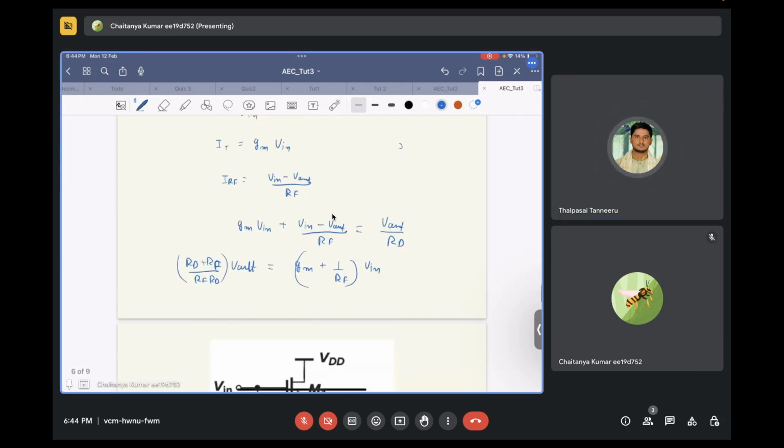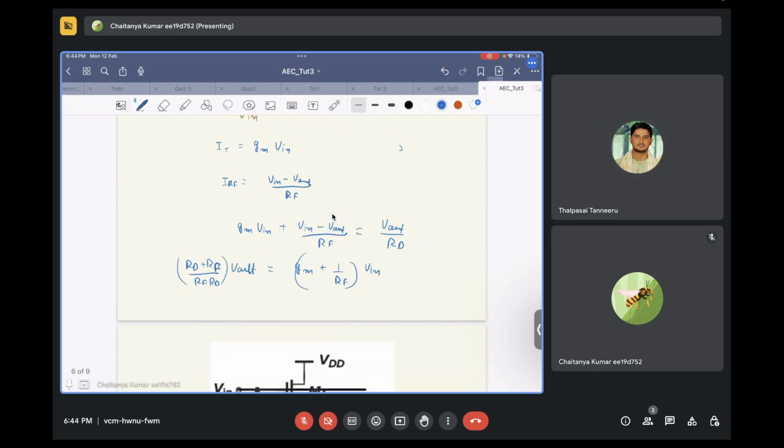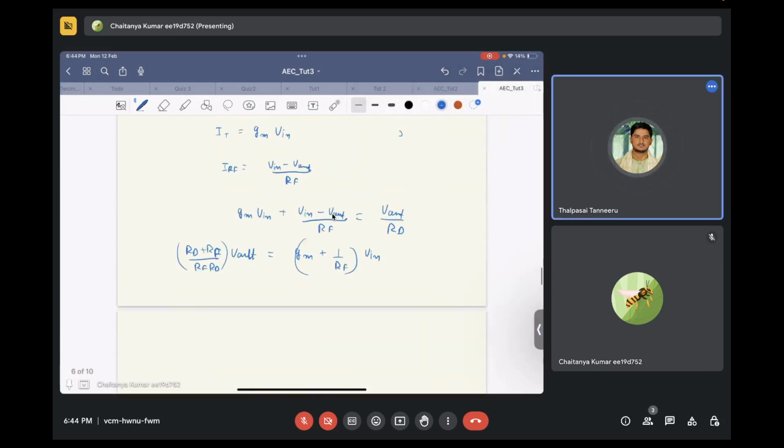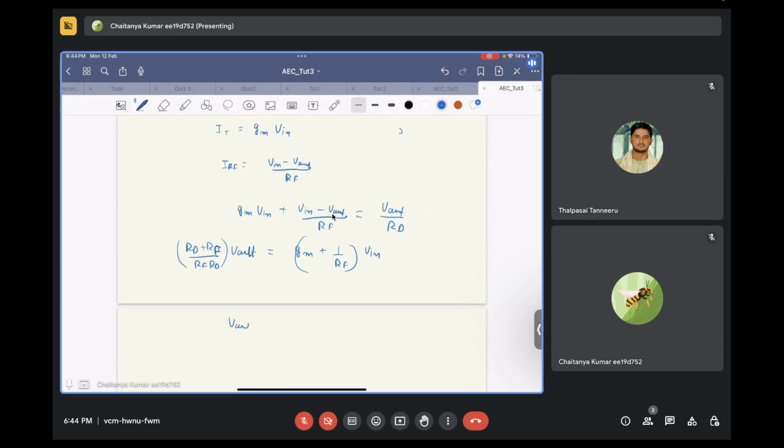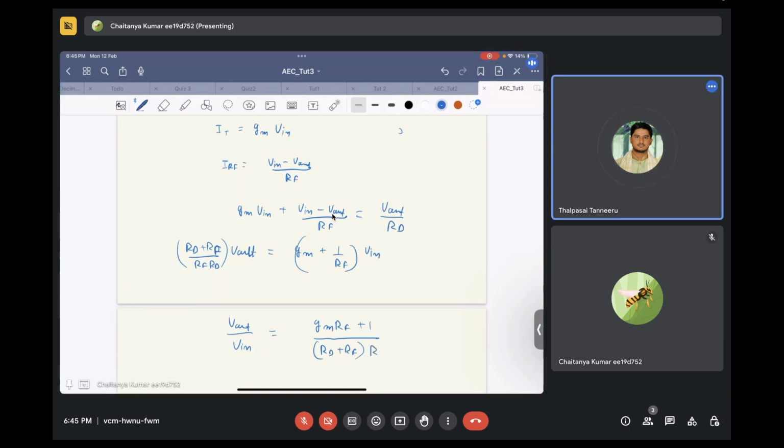So Vout by Vin is equal to (GmRF plus 1) upon (RD plus RF) times RD, right?